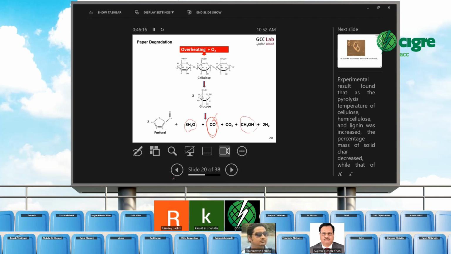And you will get methanol. You must check methanol also. These 3 things are very important.